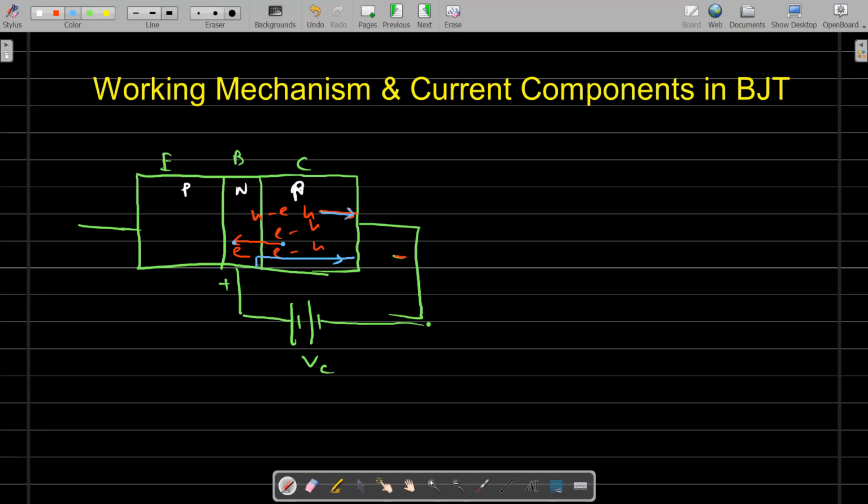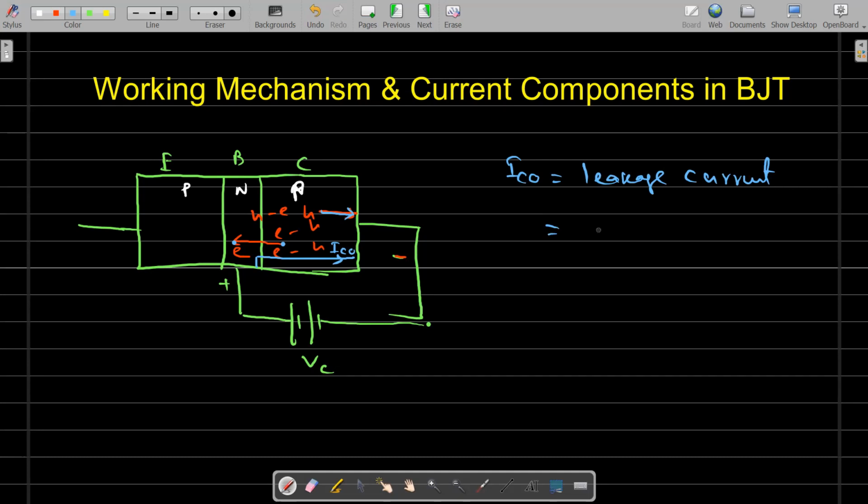So the current will flow from base to collector for a PNP transistor, and it's just opposite for an NPN transistor. This current we give the name ICO. ICO is the leakage current in the structure when the collector base junction is reverse biased.